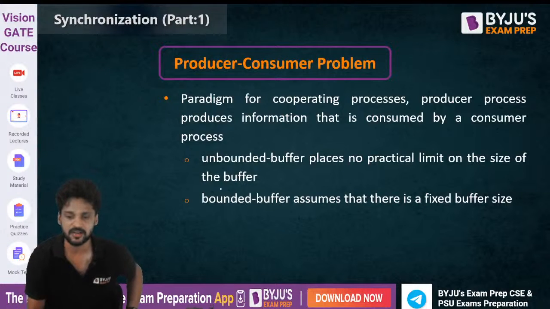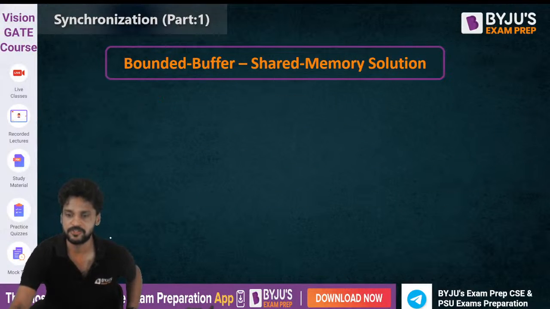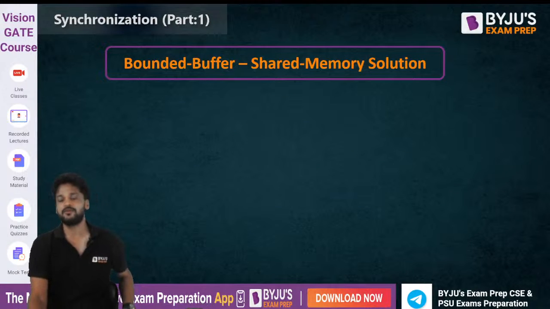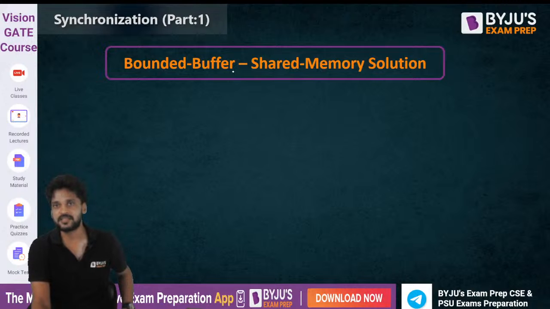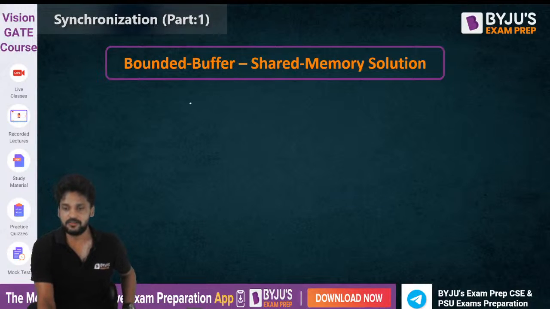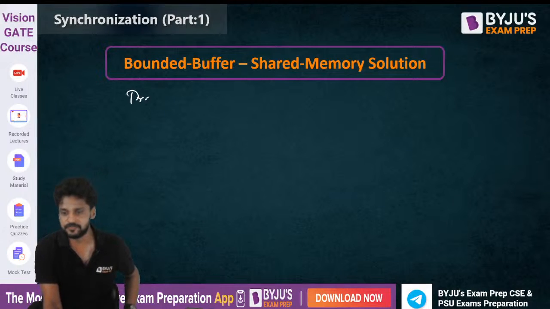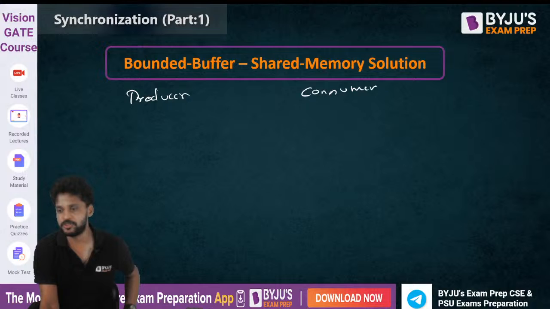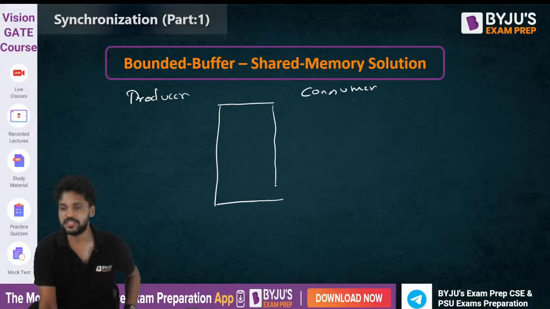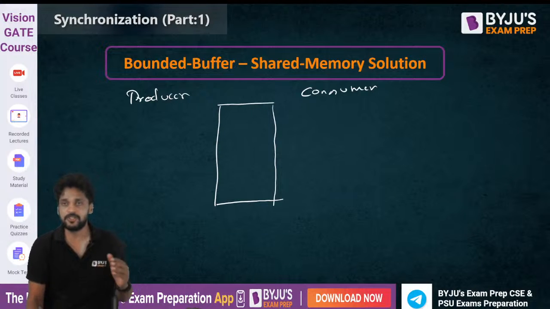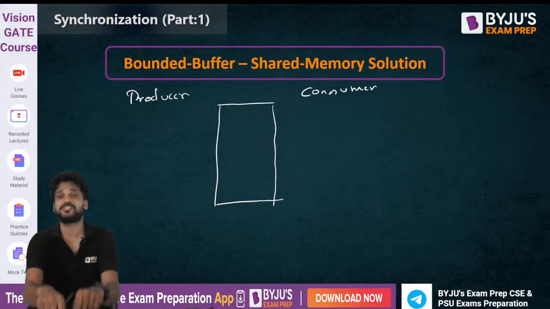So rather than explaining this, I will write it and show you in order not to confuse you. Let us have a look at who is the producer and who exactly is the consumer. Understand, the producer is a process and the consumer is a process. This producer and consumer are going to use one shared buffer. Producer and consumer are essentially processes.